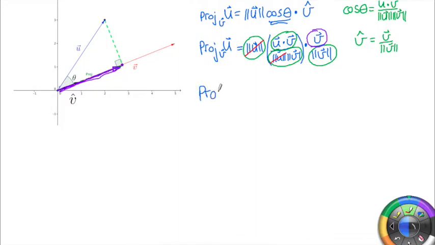The projection onto v of u is another way of reading that, is equal to u dot v over the magnitude of v squared, also known as v dot v, if you want to get fancy, times, and this is not a dot product because all of this is a scalar, the vector v.